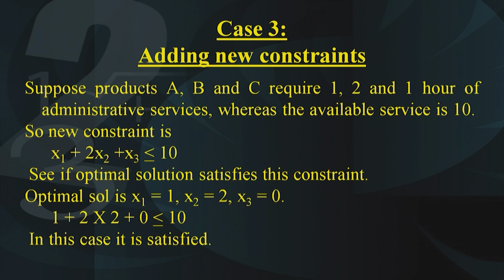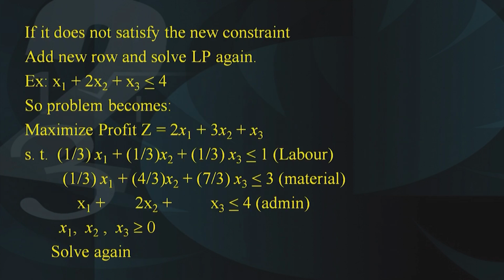So, let us substitute the solution obtained into this equation, and what do we get? 1 plus 2 multiplied by 2 plus 0 is less than or equal to 10. In this case, it is satisfied. Therefore, what do we conclude? We conclude that if we add this additional constraint into the problem, then our solution will remain the optimum. There will be no change in the solution.